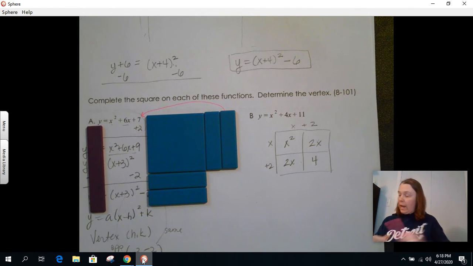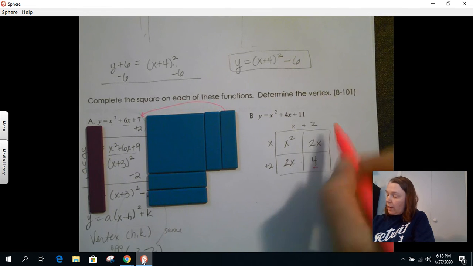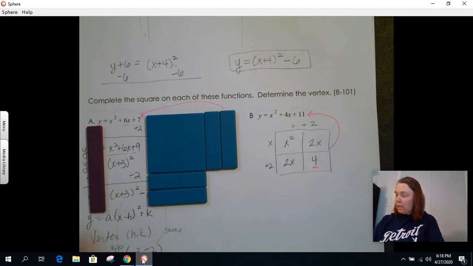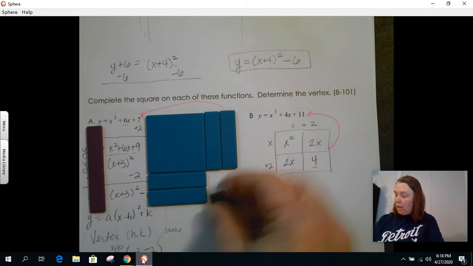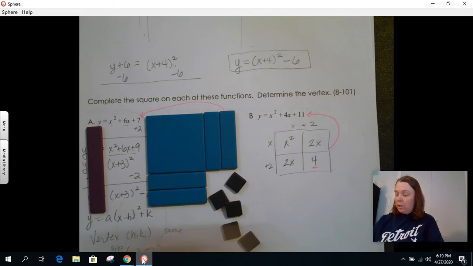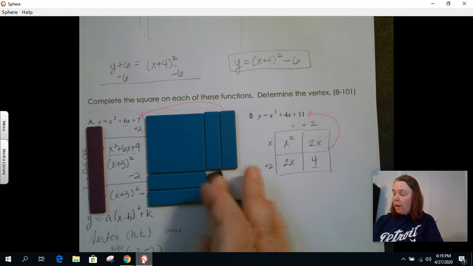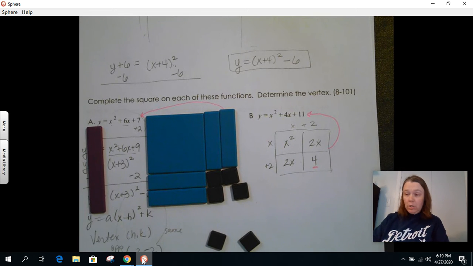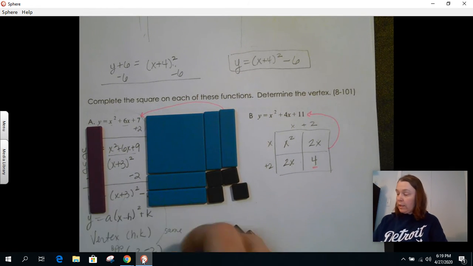But when I look at that, 4, here I see, wait, I had 11. Really? Whoa, look at this. If I were building this, you guys, right now, I would have 11. And wait, that's not a square at all. To get to square, I only need 4. And I have 11. What am I going to do to get rid of all these extras?